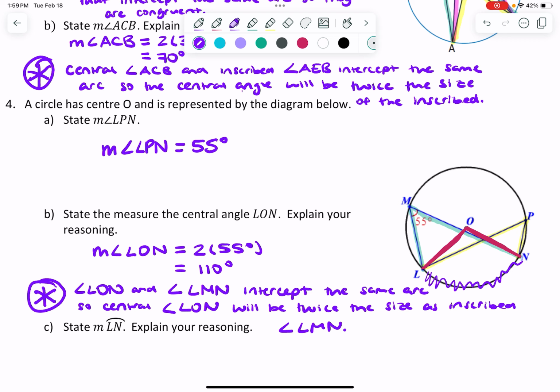Right? The order that I write that doesn't make a huge difference. So I had angle LON and angle LMN intercept the same arc. So central angle LON will be twice the size as inscribed angle LMN.